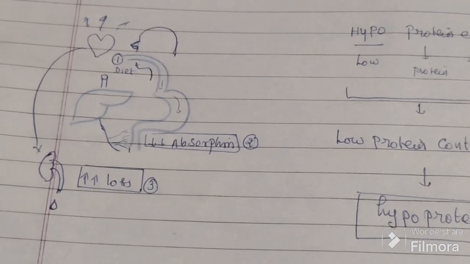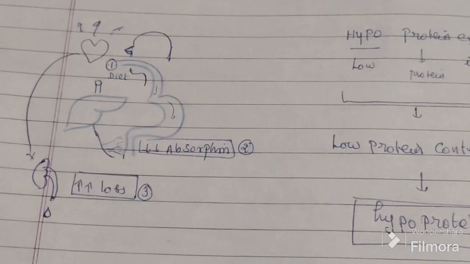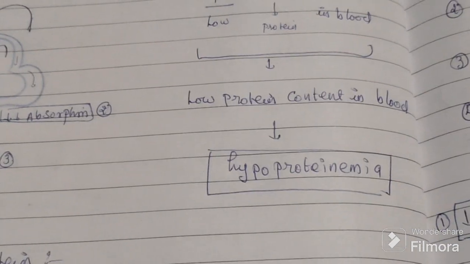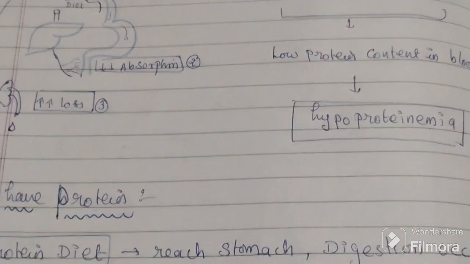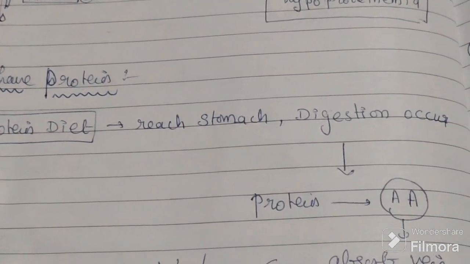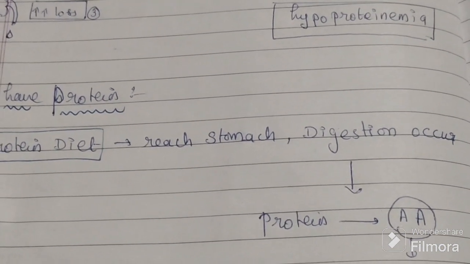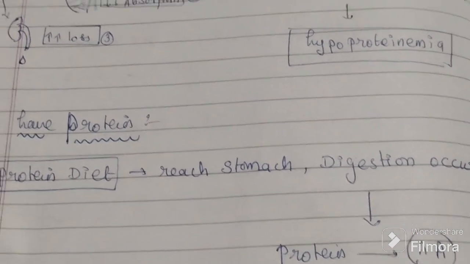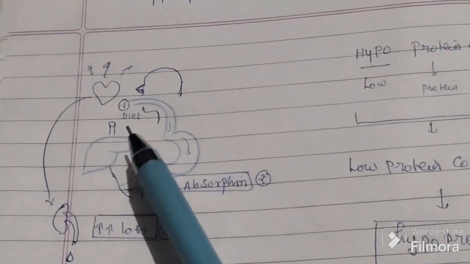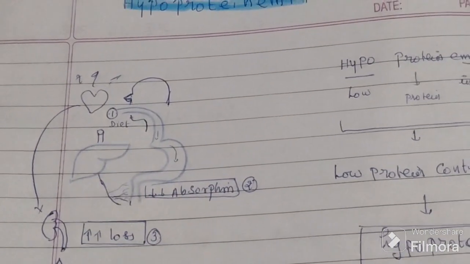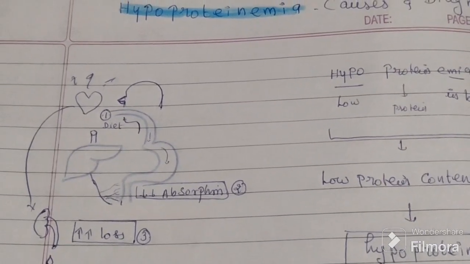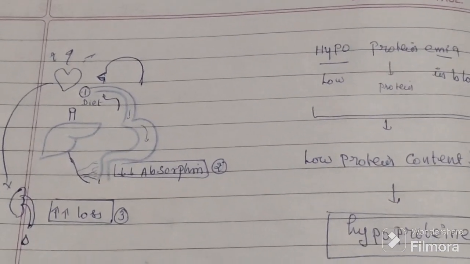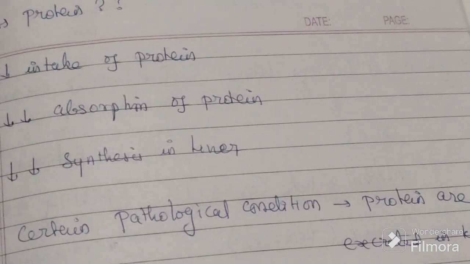Let's understand which step is hampered. We may take less protein in the diet. Decreased intake of protein may lead to decreased amino acids and decreased production of protein.